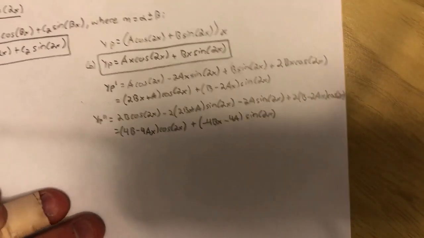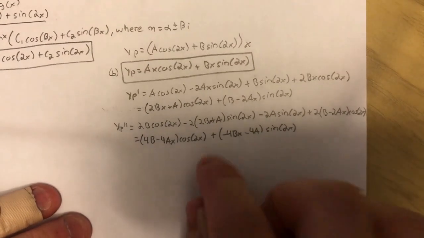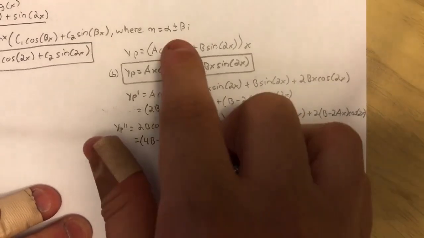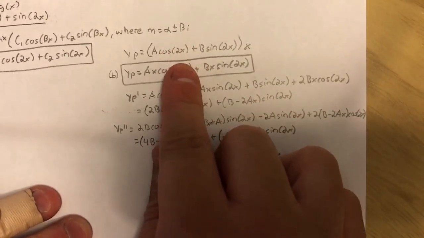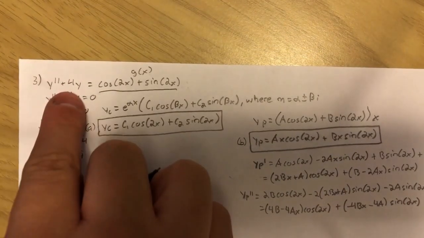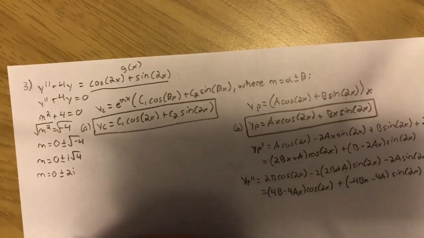Okay, so now we found the second derivative of the particular solution, and we already have the particular solution right up here. So now we have to plug it into the original differential equation. So let's do that down here.